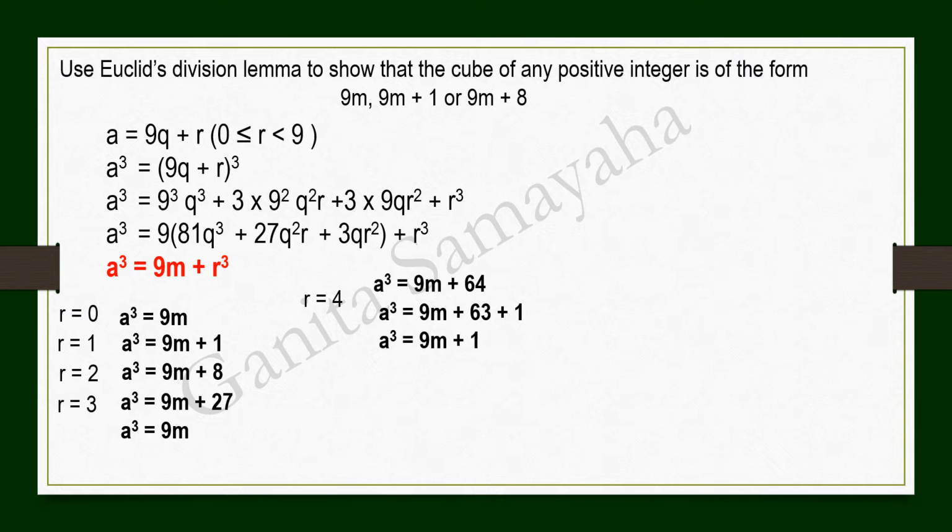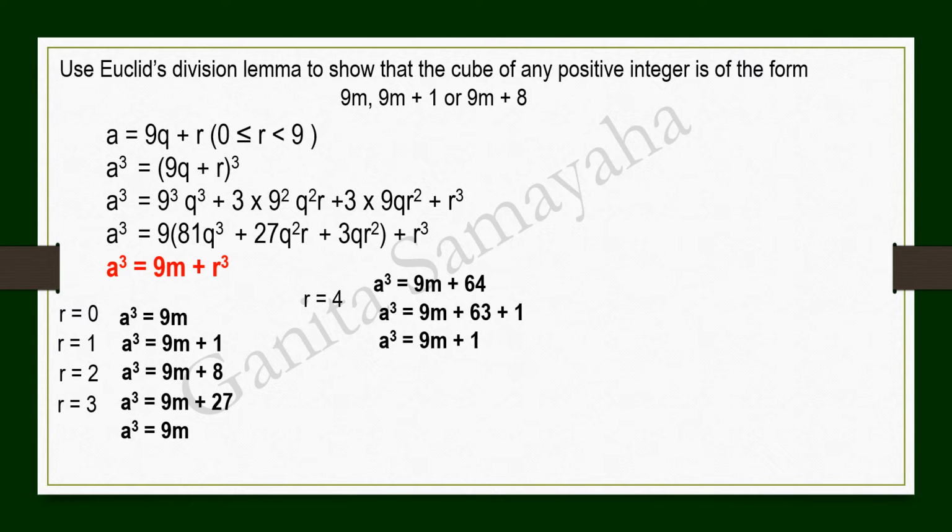We are only trying to say it is of this form. Don't get confused here. 9m plus 63 plus 1, it's not that we have neglected 63. We have simply considered that 63 is also a multiple of 9. So 9m plus 63 is a multiple of 9, which we have written as 9m. And we are left out with 1, 9m plus 1.